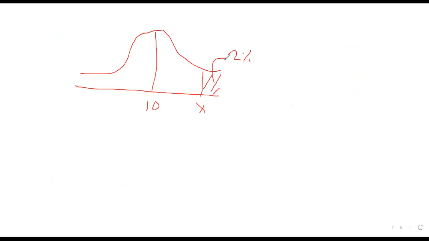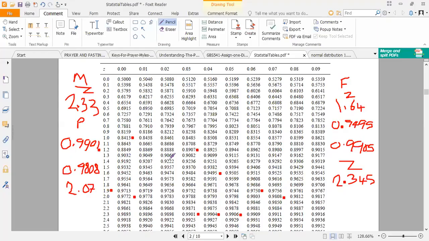So when you cut off this 2%, what we're remaining with is 98%, isn't it? They're training you to read from inside the table. So let's go inside the table and find 0.9800. Which number is close? Which one is the Z for that probability?